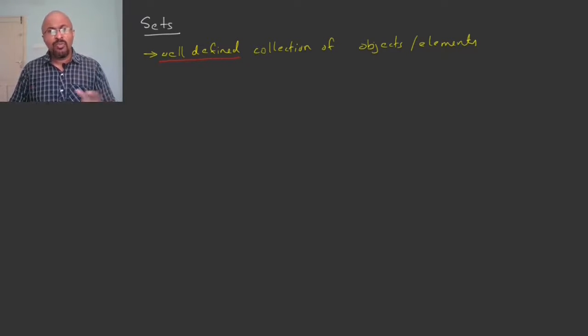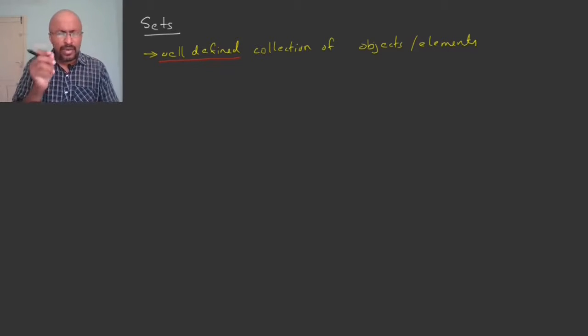So, what does well-defined mean? It means that we can definitely decide whether a given particular object belongs to a given collection or not.